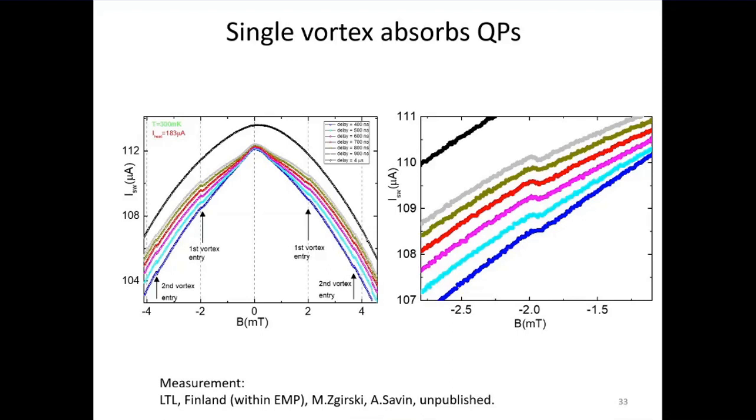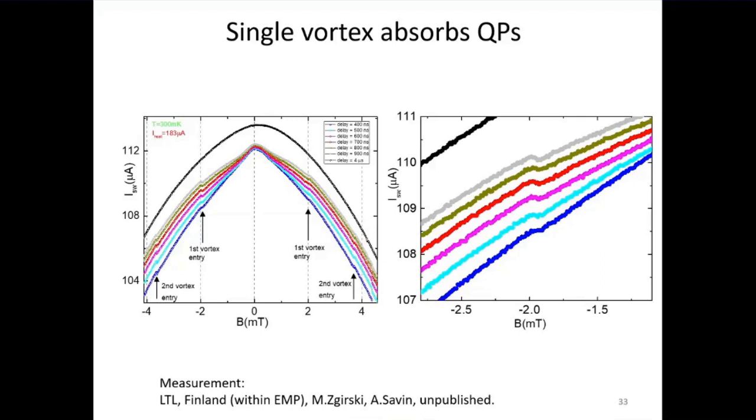But when we heat and measure the same dependence at times in which we expect quasi-particles to arrive, we focus on this part of the plot, given in the right panel in an enlarged window. You see that when we cross the threshold field for which we expect the vortex entry, we find a small enhancement of the critical current, of the switching current.